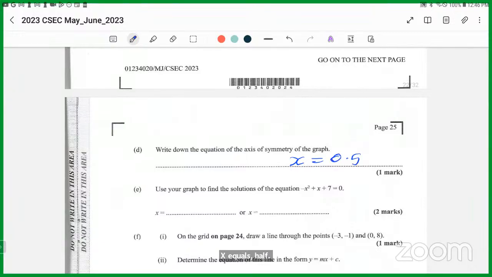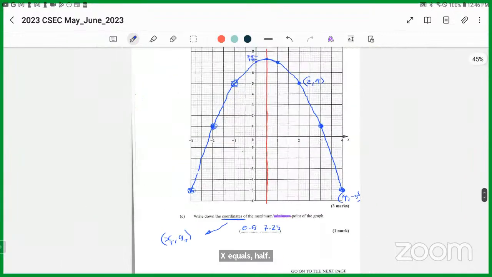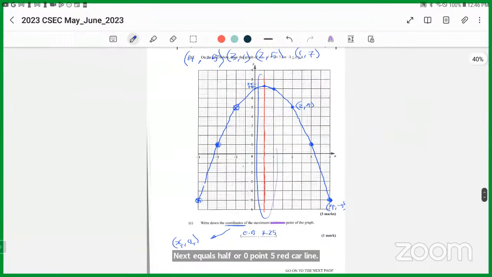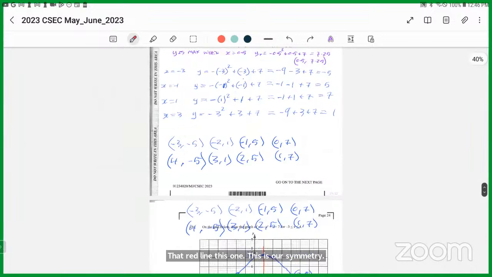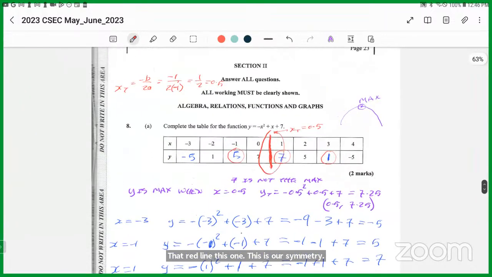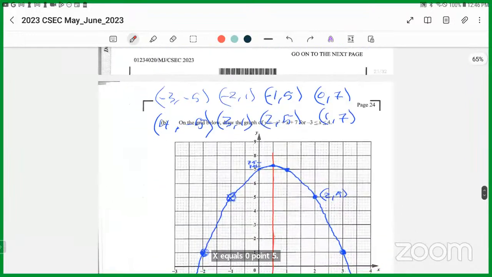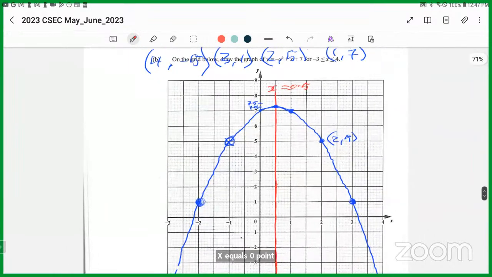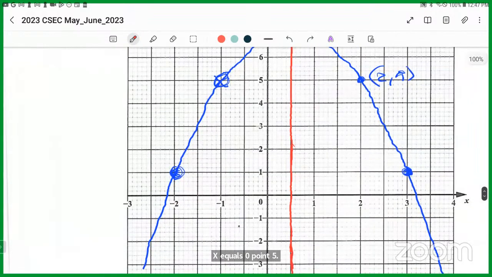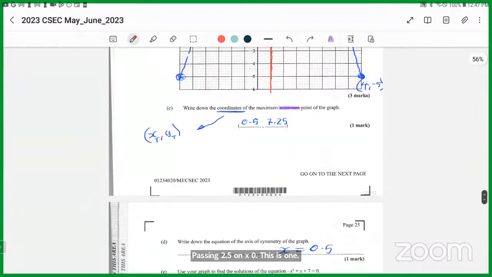That red vertical line, this one, is the axis of symmetry, corresponding in the table to here. x equals 0.5. The vertical line passing through 0.5 on the x-axis. This is 0, this is 1. 0.5 is between them. That finishes this question now.